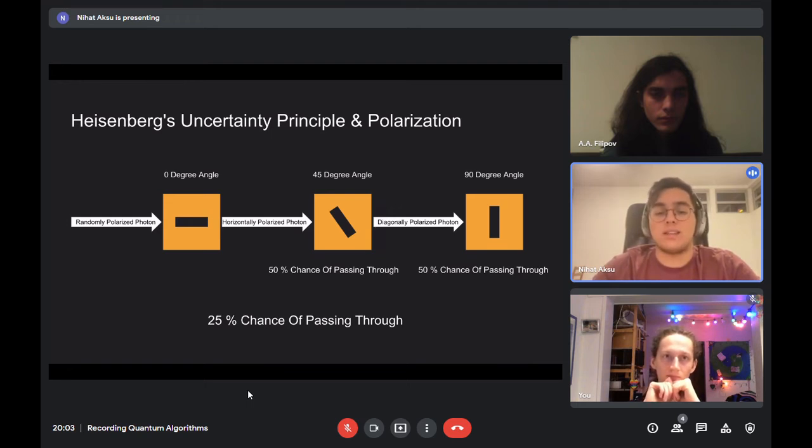Therefore, it has a 50% chance of passing through. And this diagonally polarized photon can pass through the vertical polarizing filter, because it lost all of its information about its horizontal polarization when it became diagonally polarized. So in the end, this total process had a 25% chance of passing through.